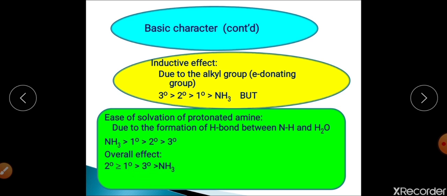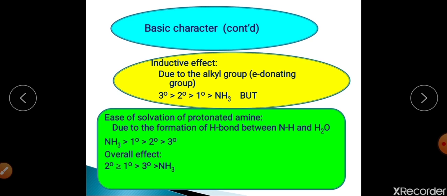The reason is that in the case of secondary amine, both effects are operating, that is, the plus I effect and the solvation effect. Both favor its strong basic character. When we talk about the primary amine being more basic as compared to tertiary, we find that in the case of primary, the solvation effect will overcome the inductive effect.